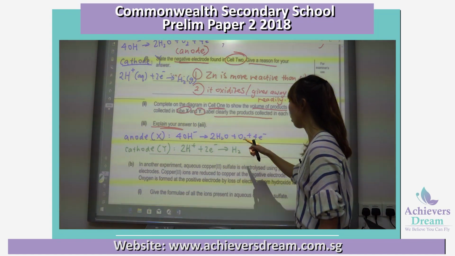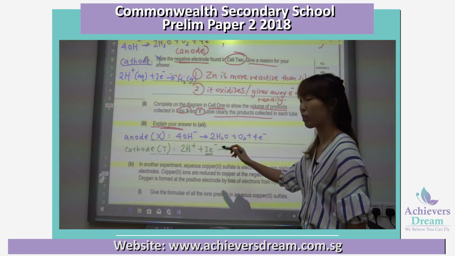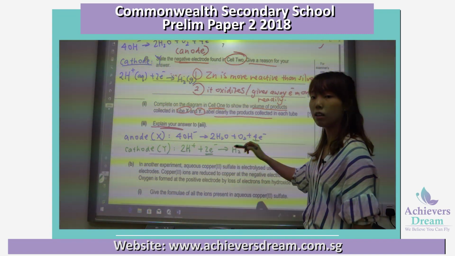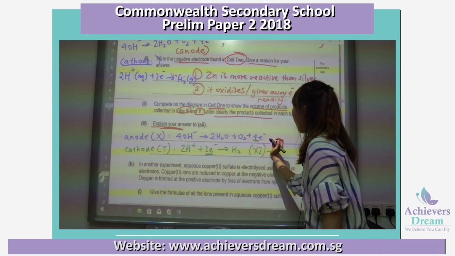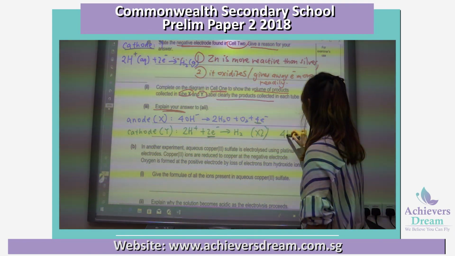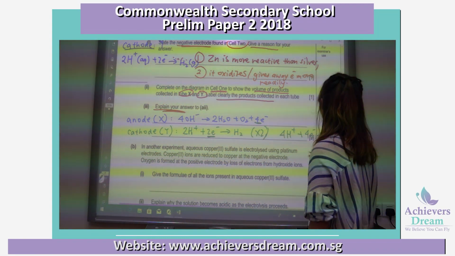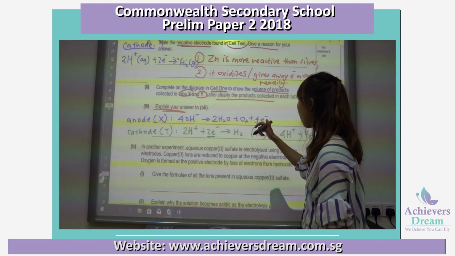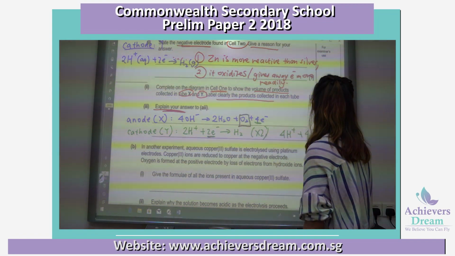Now I need to balance out the number of moles of charges. So in cathode, I have 2 moles of electrons, and in anode I have 4 moles of electrons. So in order to balance the number of moles of electrons, I times 2. So my final half equation would be 4H plus 4 electrons to give me 2 moles of hydrogen gas. Now we compare the number of moles of oxygen gas and hydrogen gas.